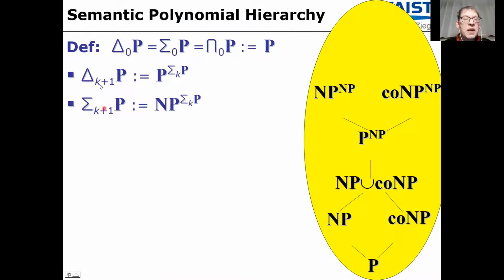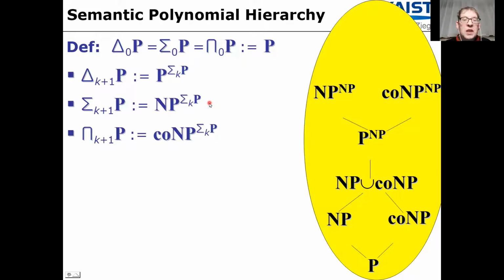Inductively, we define delta k plus 1, like in the arithmetic hierarchy but with polynomial time, to be polynomial time algorithms that can make polynomially many queries to any oracle in the class sigma k, defined by the induction hypothesis, where sigma k plus 1 is in turn inductively defined as non-deterministic polynomial time with a sigma k oracle.